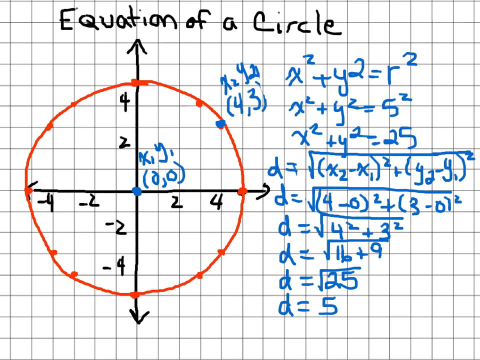What we'll do now is a couple of other examples where you'll have to determine the equation of the circle centered about the origin, and also some applications such as determining what the radius of a particular circle is, given some information.